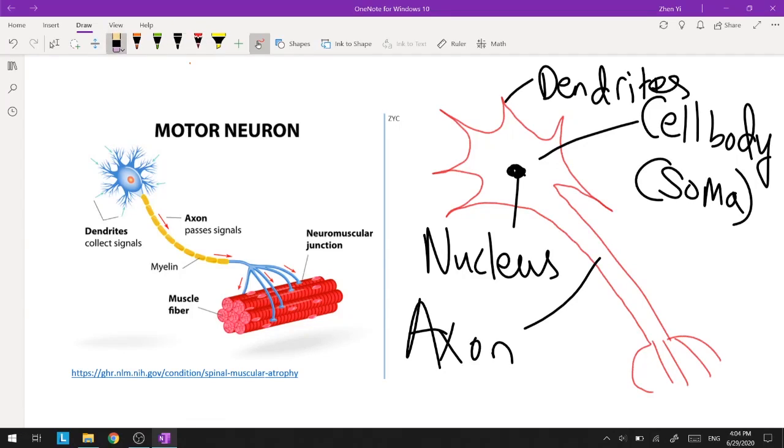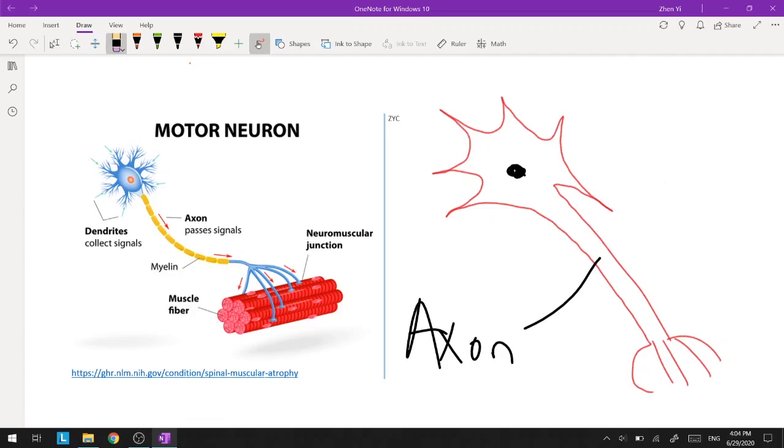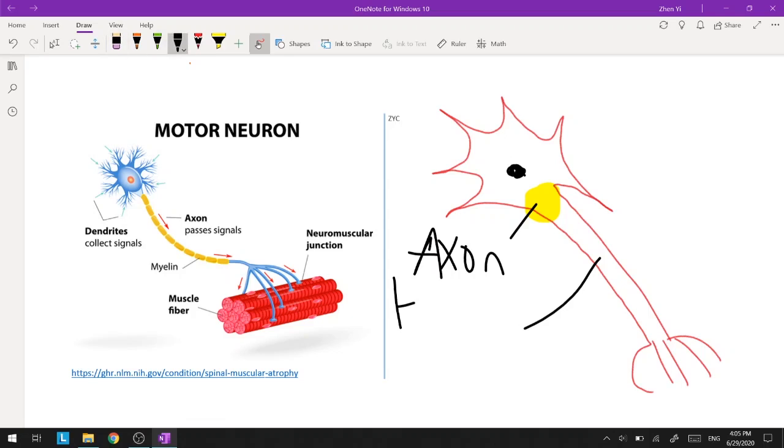Regarding how action potentials are generated, it is generated at this region here at the base of the soma, known as the axon hillock, where the action potential first builds up, generated through a graded potential being received from the dendrites and passing it along the axon.